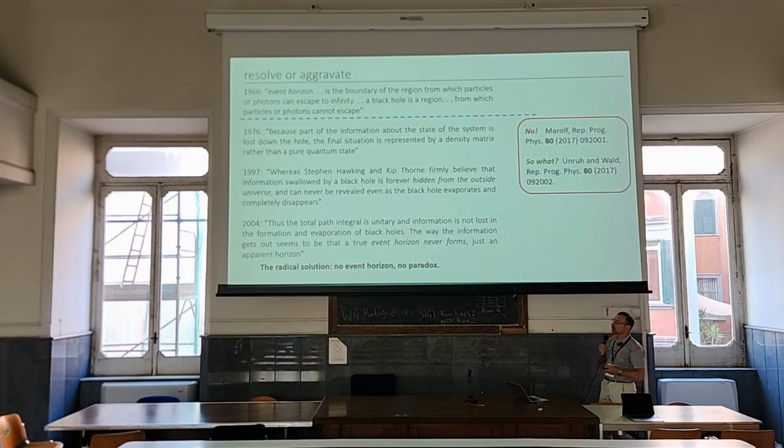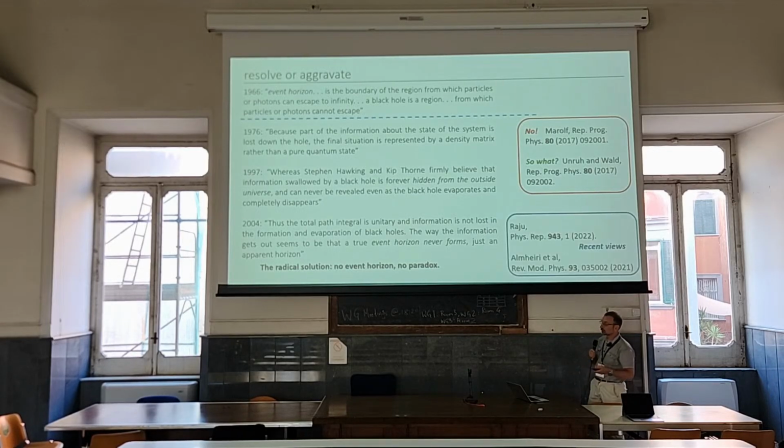How do people deal with the information loss problem? Two views were in adjacent and competing articles, ranging from no by Don Marolf to so what, essentially, by Bill Unruh and Bob Wald. And more modern versions of the exorcism can be found in those reviews.